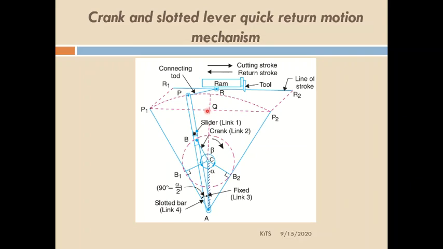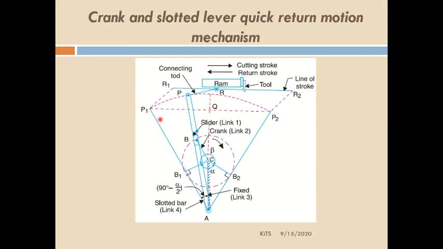Now we know that Q is the middle point of P1P2. So P1P2 is equal to 2 P1Q. Okay, 2 times this length. Total P1P2 length is equal to 2 times the P1Q length.